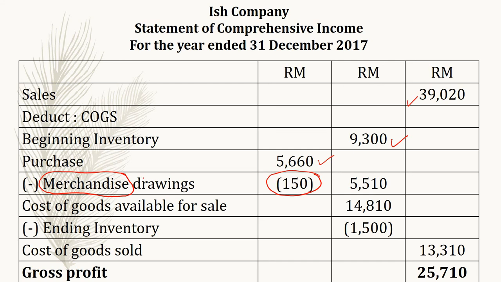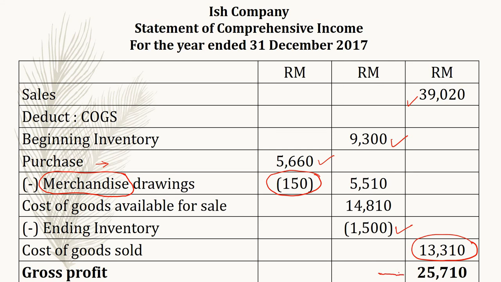They only record drawings without deducting the same amount from purchase. So since the accounts is already closed, I need to do the adjustments in my income statement. So this item will be deducted from your purchase to get your net purchase. Okay, and then this is your ending inventory. So your cost of goods sold is 13,310.